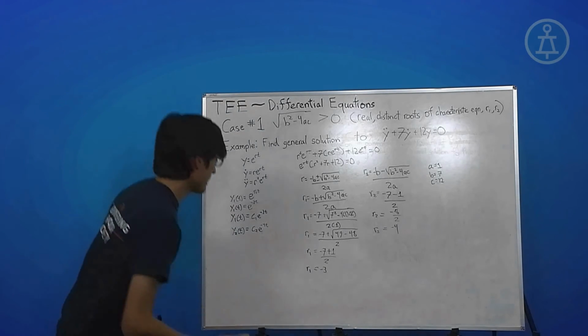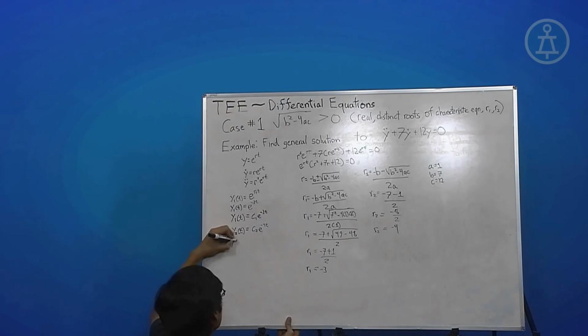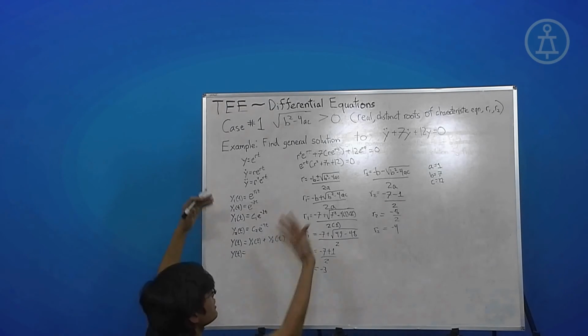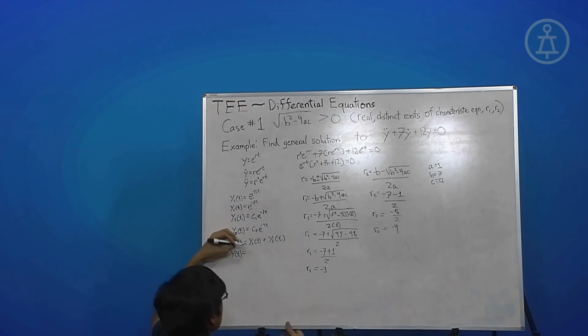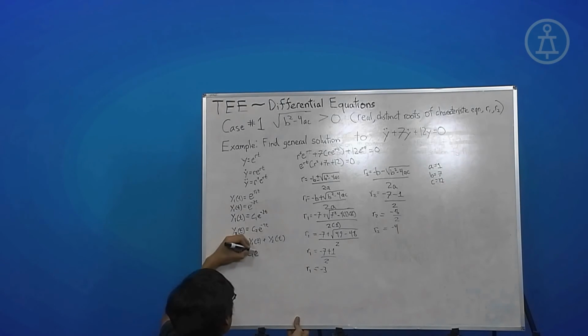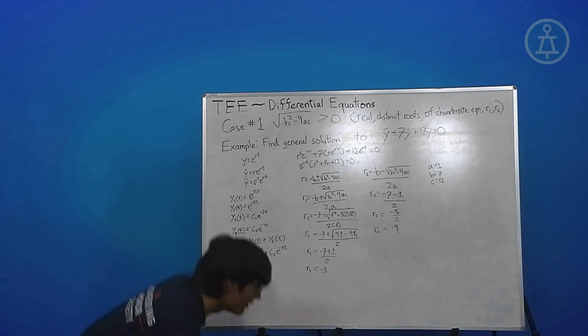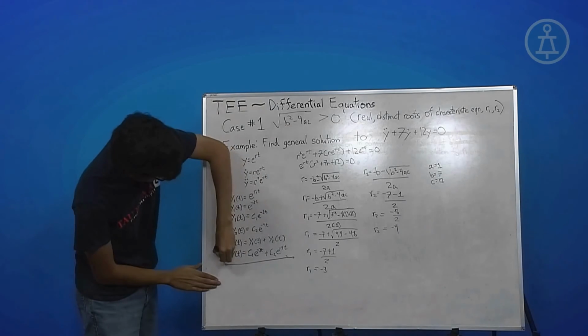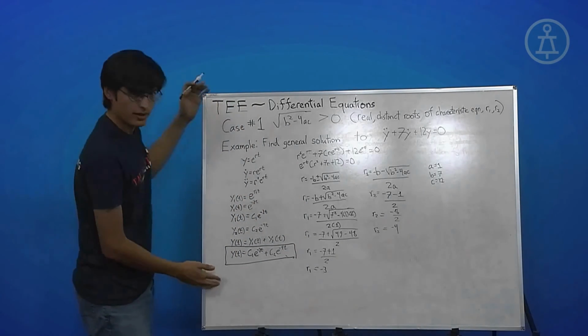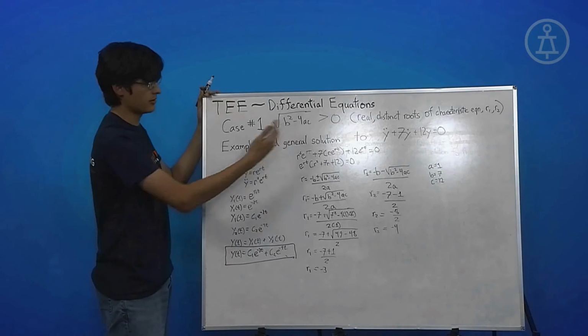So what that boils down to is that the general solution is y1 of t plus y2 of t, which means that the final answer, our general solution to the differential equation before us, is of the form c1 e to the negative 3t plus c2 e to the negative 4t. And this right here is our final answer, our general solution to the differential equation.